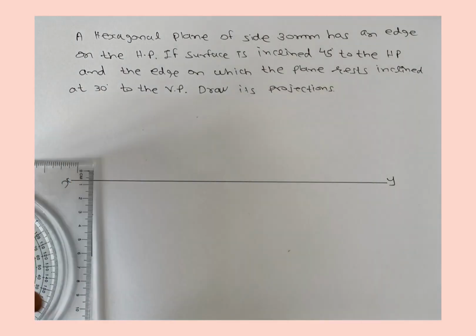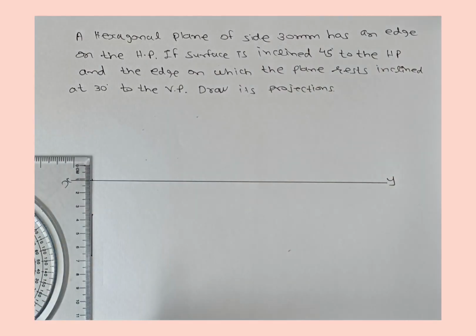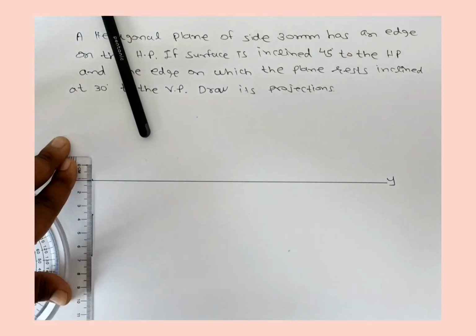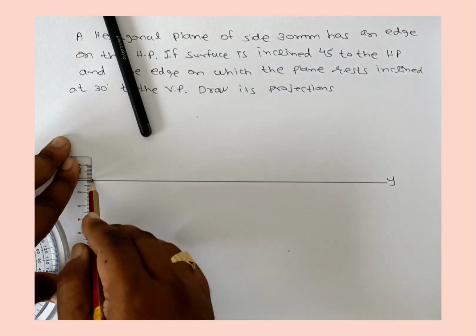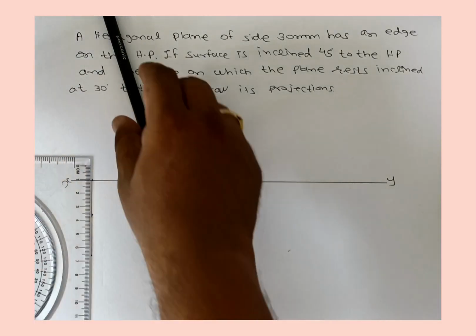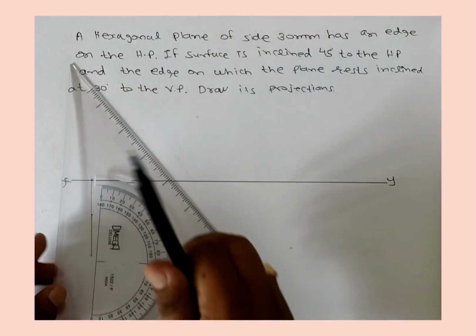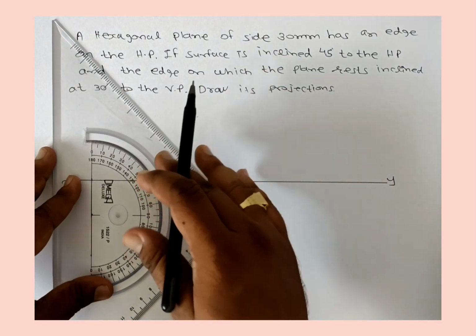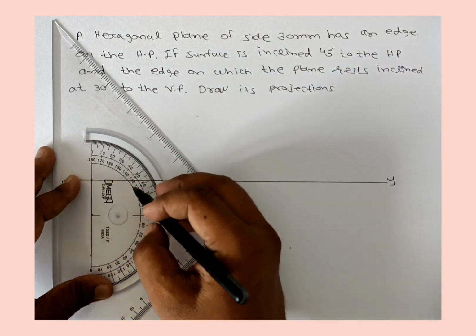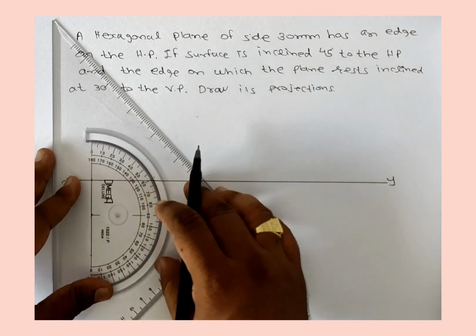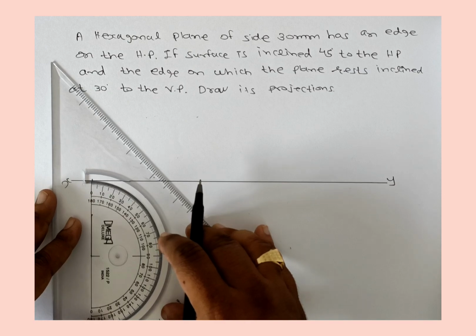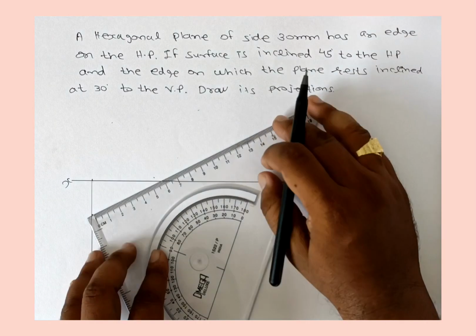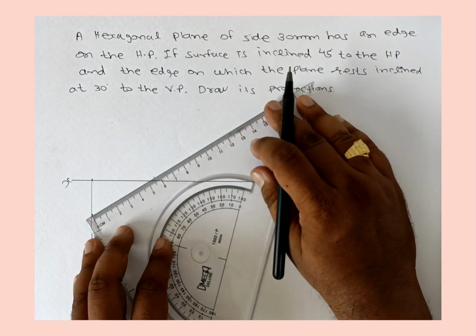Okay students. Now the hexagon makes an angle of 120 degree from the edges of the hexagon. Here you have to draw a 30 mm line.